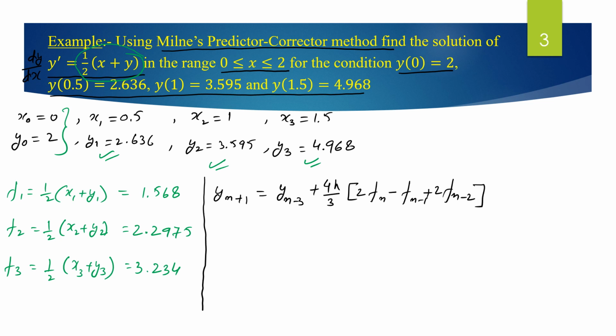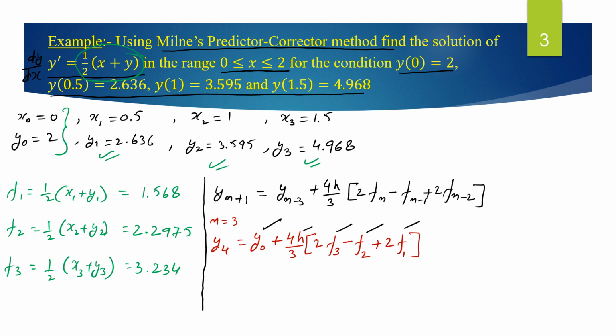Now substituting n is equal to 3, we get y4 is equal to y0 plus 4h by 3 into 2f3 minus f2 plus 2f1.